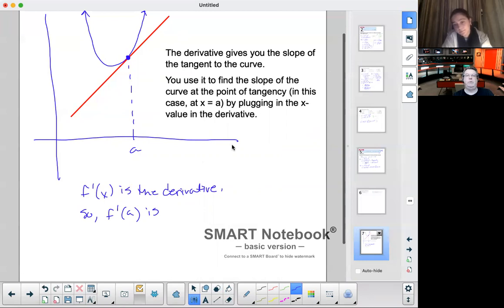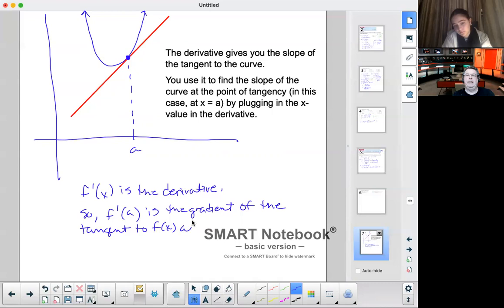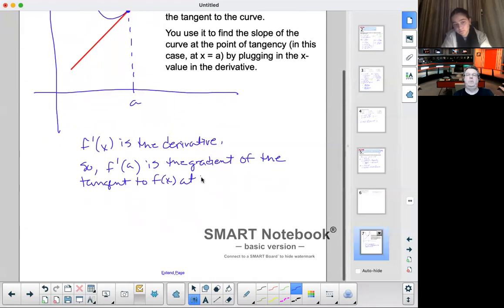So f prime of a is the gradient of the tangent to f of x at x equals a.